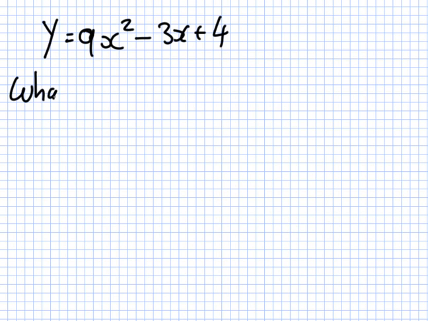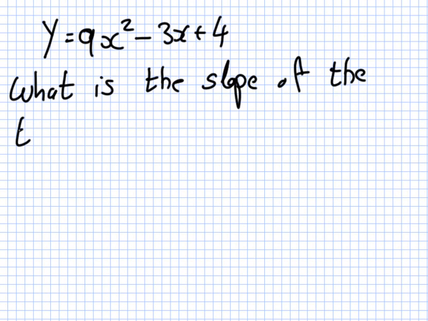So now, I have y equals 9x squared minus 3x plus 4. And my question is, what is the slope of the tangent at x equals 0?